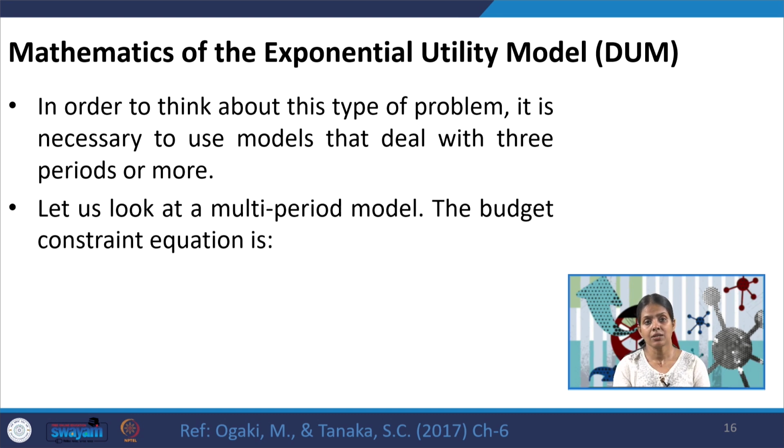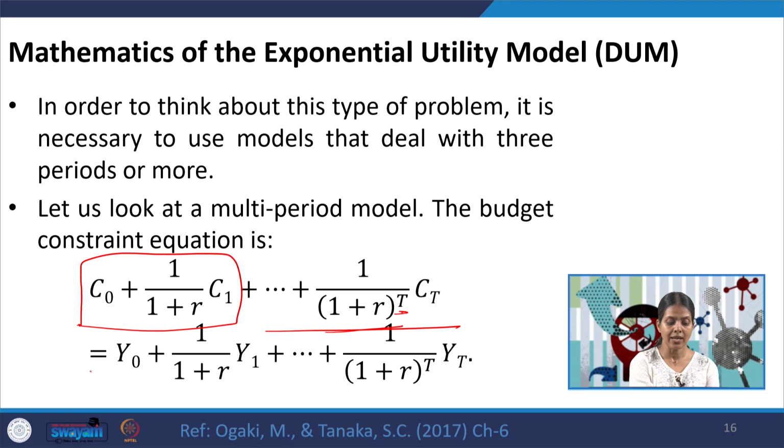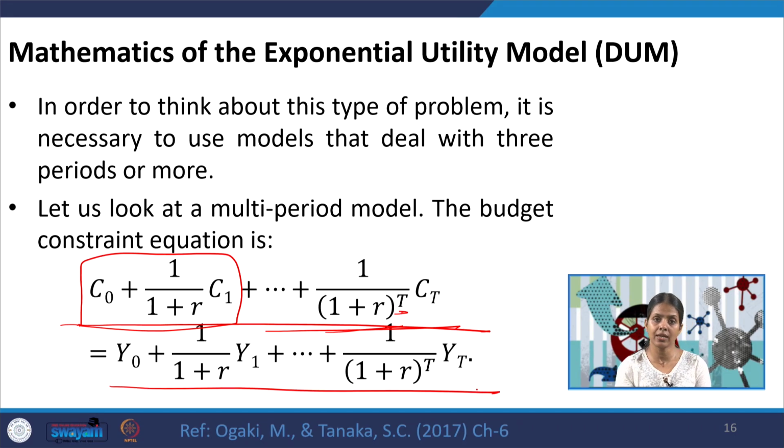The budget constraint equation would be something like, initially we had only these 2 periods, now that is extended to T periods. So, we simply keep on writing them with 1 upon 1 plus r raised to the power T multiplied by Ct, and this consumption over multiple periods must be equal to the present value of all the income streams across all the periods.